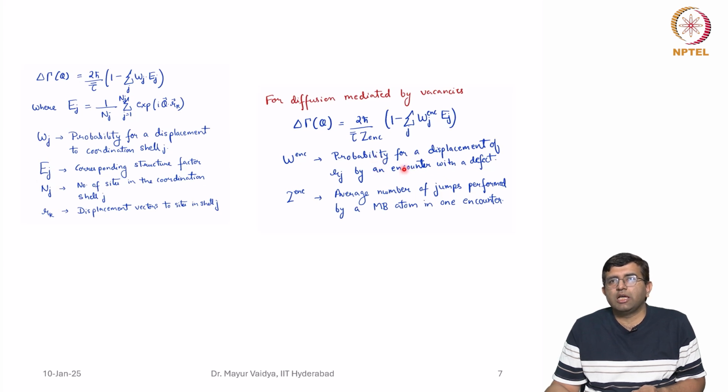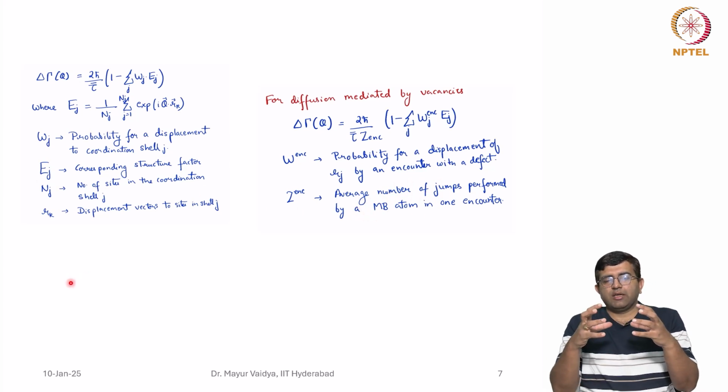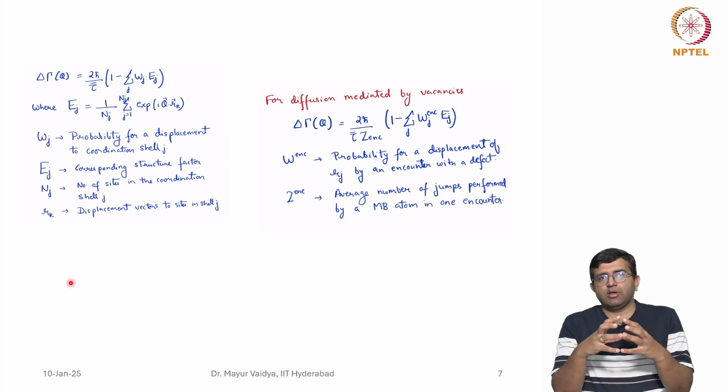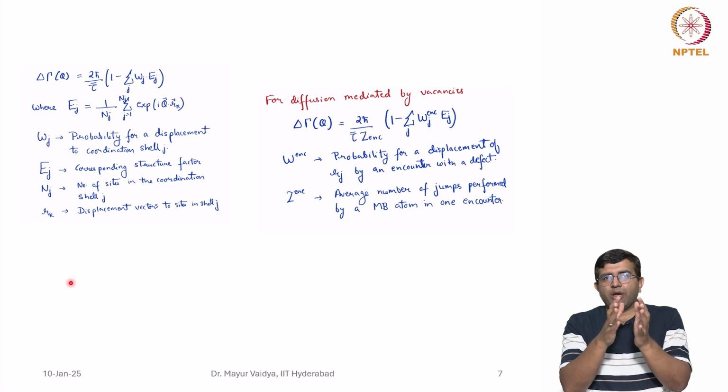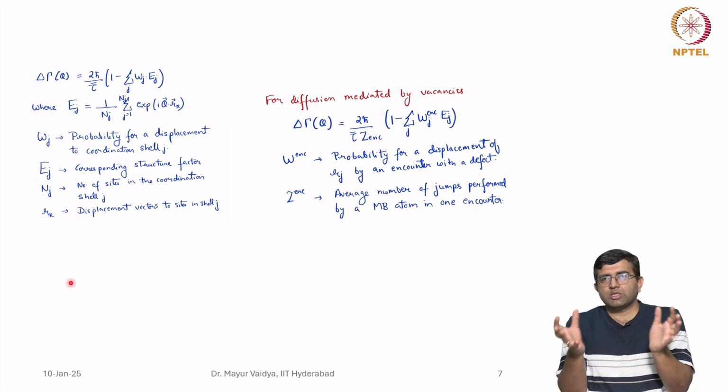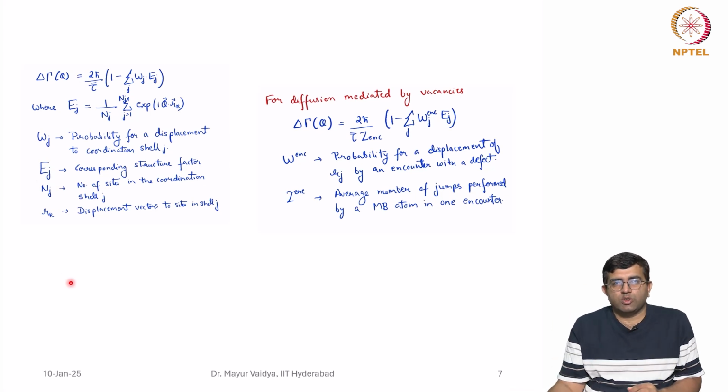Then Z_enc is nothing but the average number of jumps performed by a Mössbauer atom in one encounter. One encounter is basically one exchange between the tracer and the vacancy, and after this first jump, how many jumps the tracer has to make to come back to the same vacancy. This is known as a complete encounter.